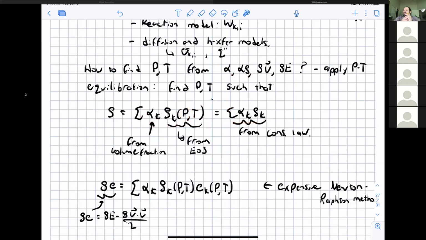Is that we can ensure that the mixture density is satisfied both from the governing equations and from the equation of state.